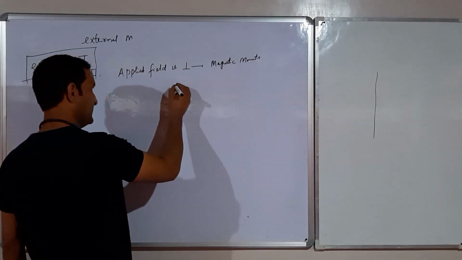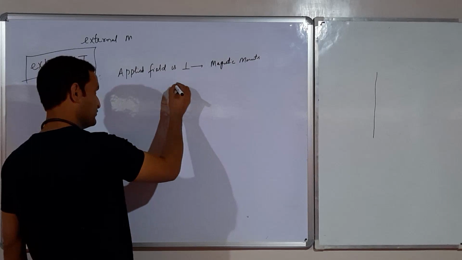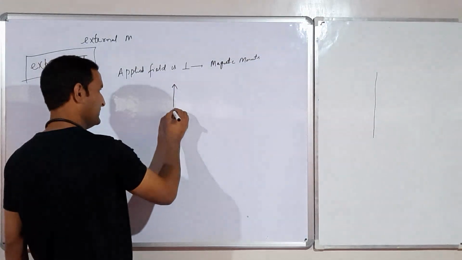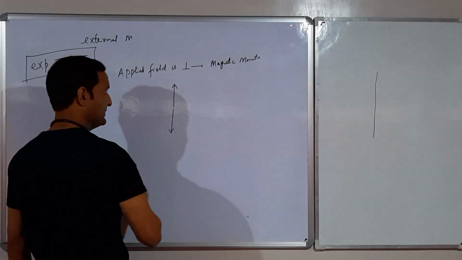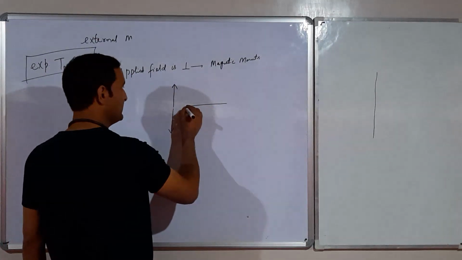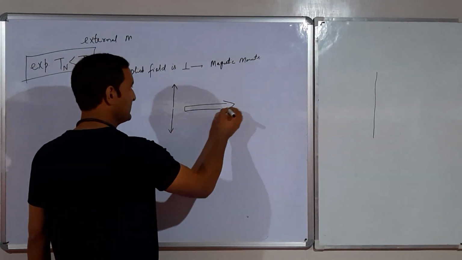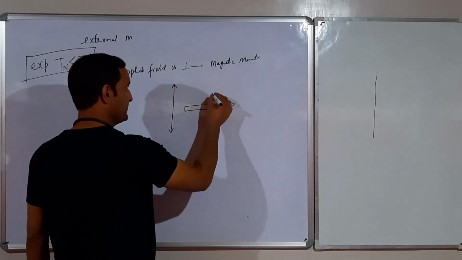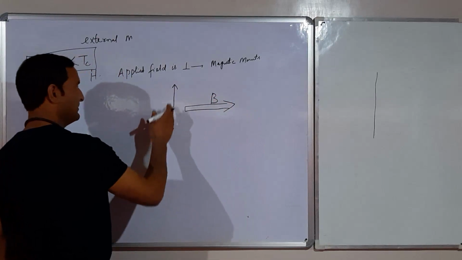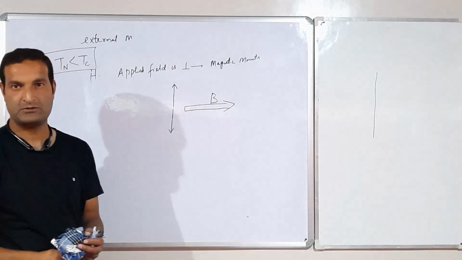Therefore, if one lattice has something like this and another lattice has something like this, the magnetic field will be perpendicular to both of these magnetic moments.